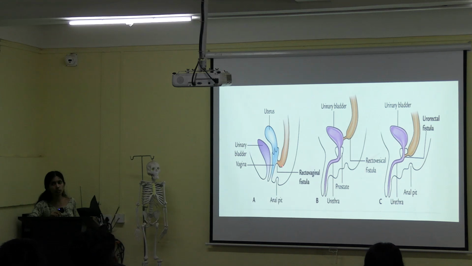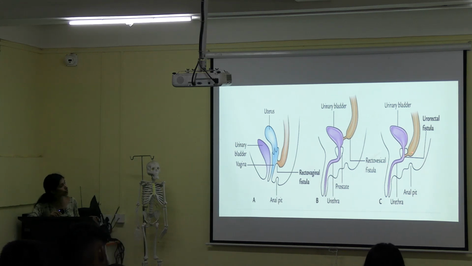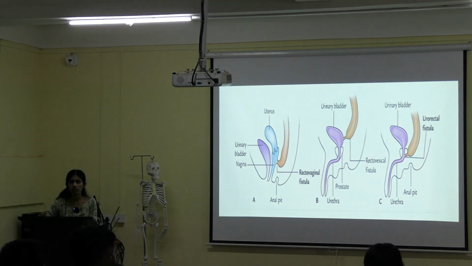It is opening into your uterus part, so that condition is called rectovaginal fistula. In the second part, you can see it is opening into your urinary bladder, that is rectovesical fistula. In the third condition, you can see the rectum is opening into your urethra part, so that is rectourethral fistula. Okay, that's all about the anomalies of the hindgut.